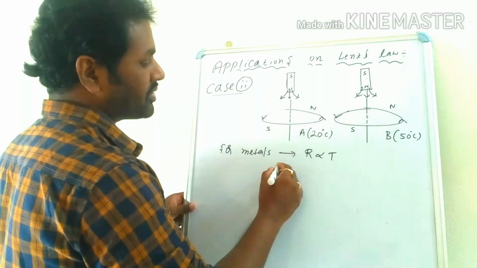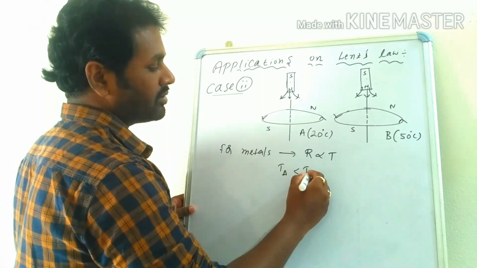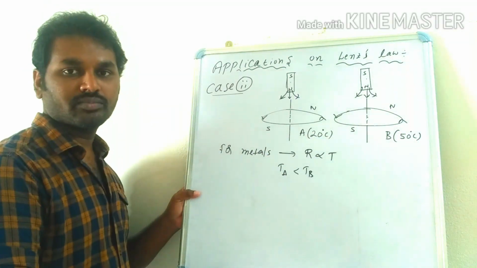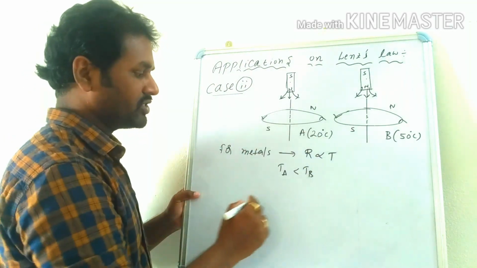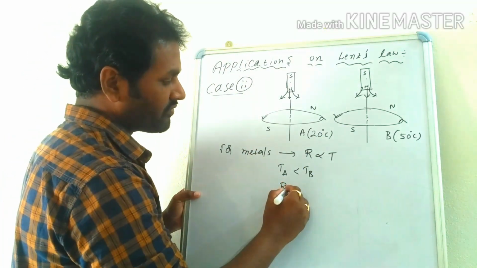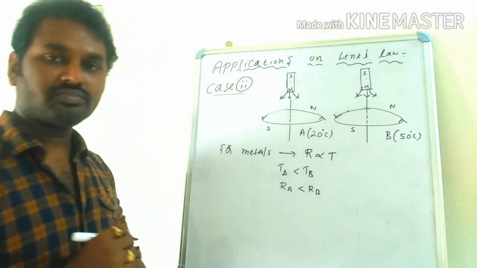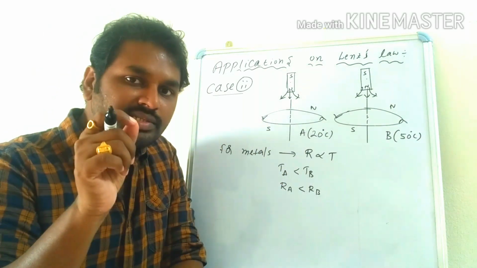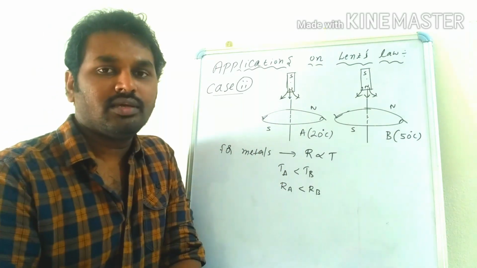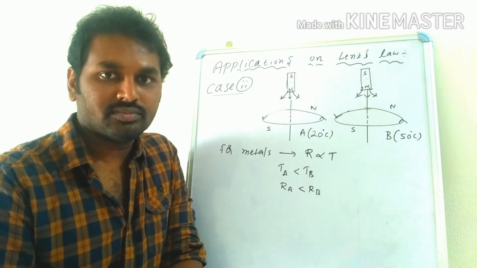You see, the temperature of metal A is less than the temperature of metal B. So with this relation, we can write directly that the resistance of A is less than the resistance of B. So in A, as the resistance is smaller, the induced current developed in this coil is more.